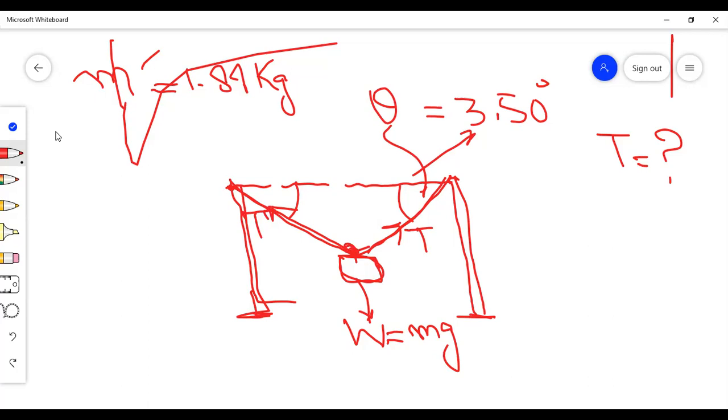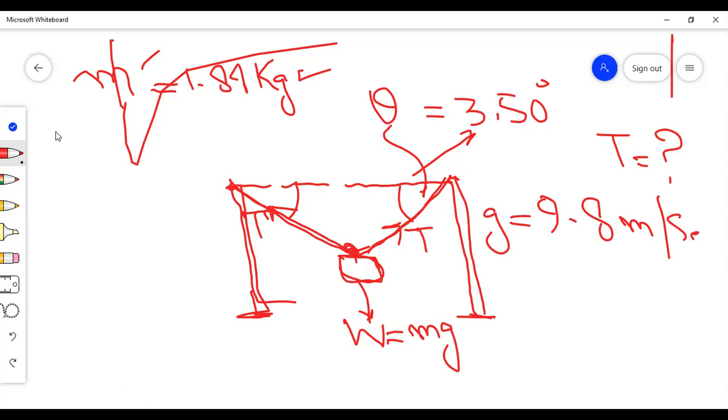Now if you can recall the law of equilibrium, the algebraic sum of the torques must be equal to zero; then this body or bag will be in the equilibrium position. The value of g we can write as the standard 9.8 meters per second squared, and this was the mass of that bag.